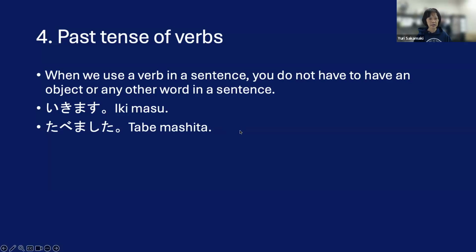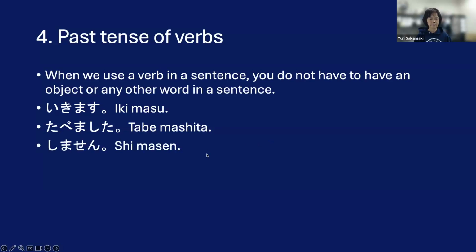Or 食べました. So I ate. You can ask me, 何を食べましたか? Of course. But in English, if you say I ate, it sounds like I'm missing some information. But in Japanese, it's fine. We don't need to have an object.